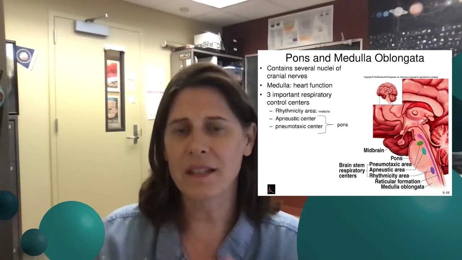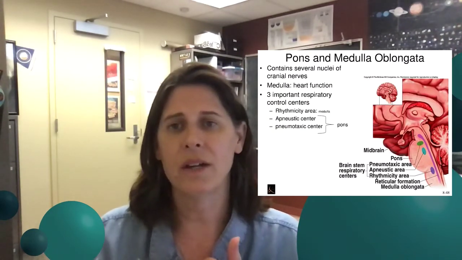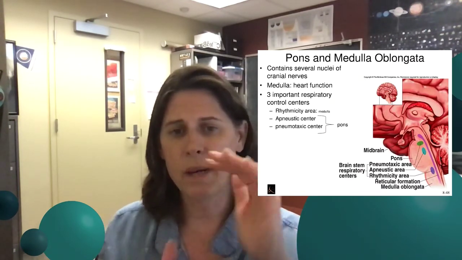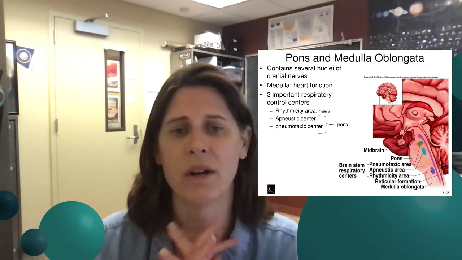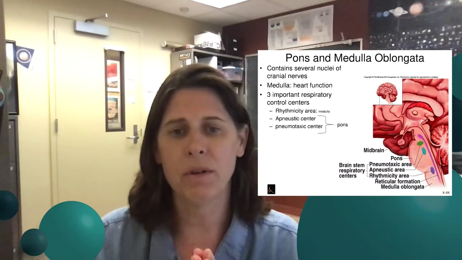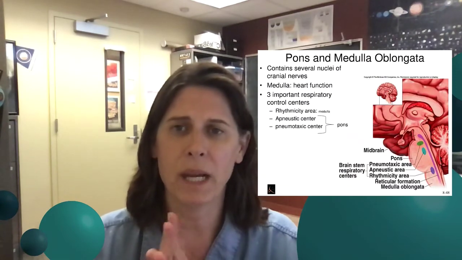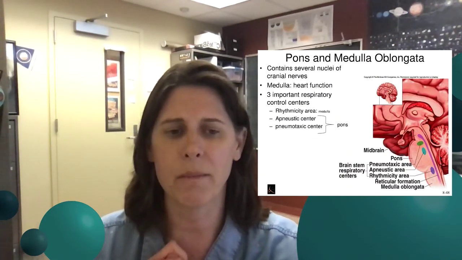The pneumotaxic center actually dominates the apneustic center in order to halt inspiration and allow expiration to occur normally. All right, so make sure you can come up with that sequence of events between your rhythmicity center, apneustic center, and pneumotaxic center. I think I have a note on here that it's on page 500 in your book, so if you can't find it, look on page 500.